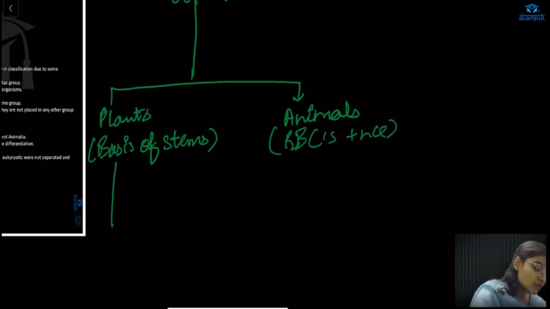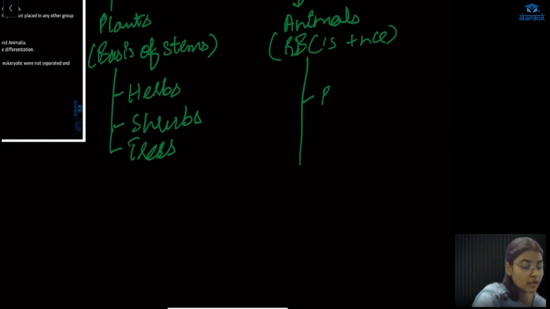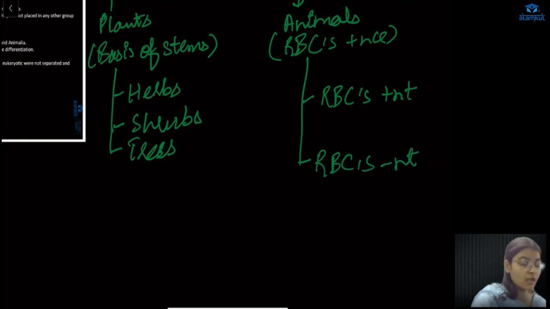On the basis of stems, he classified all plants into three categories: herbs, shrubs, and trees. Those organisms which have red blood cells, RBCs, present are called Enaima, and those with RBCs absent are called Anaima.